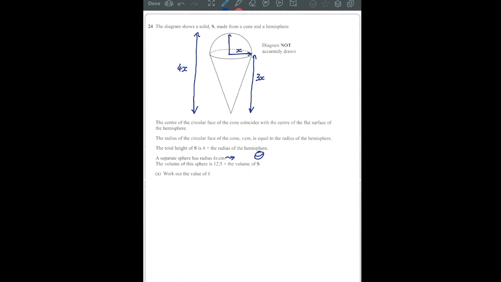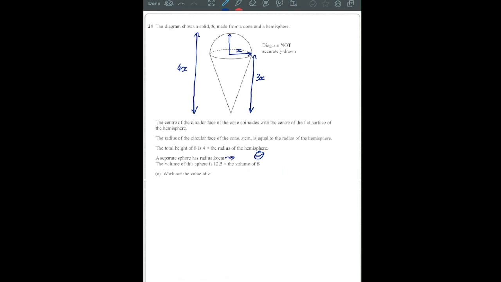The volume of the sphere is 12.5 times the volume of S. Well, that's where we're going to create our equation. Find the value of k. I'm a little bit worried because x is also an unknown. I don't know k and I don't know x, but I only have one piece of information.